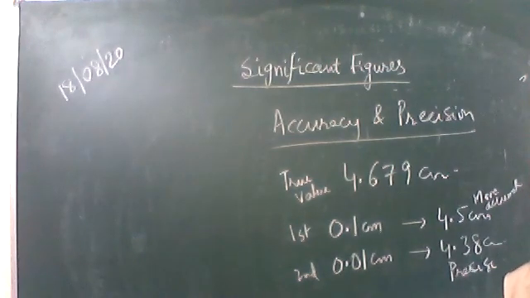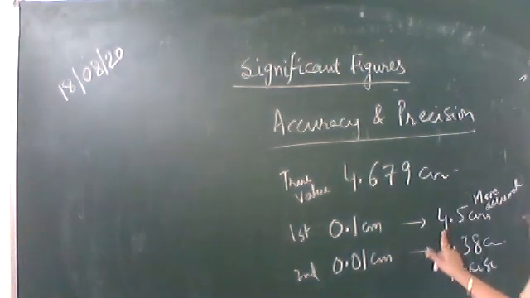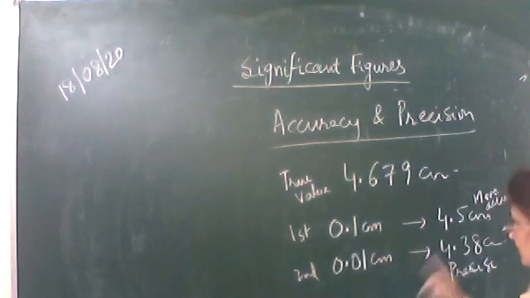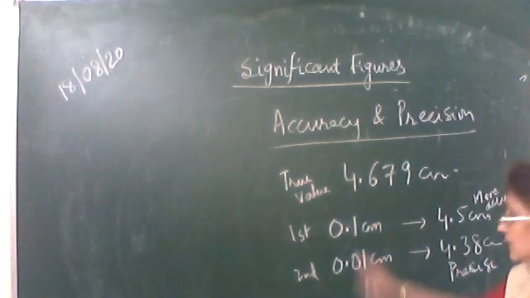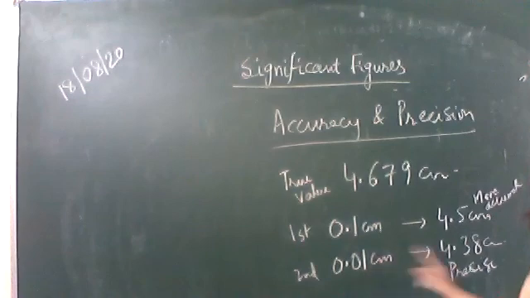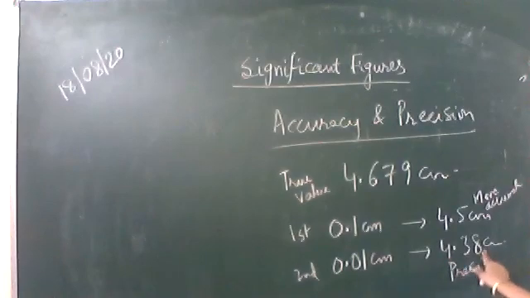So this is the difference between accuracy and precision. An accurate value should be closer to the true value. For precision, we have to see the instrument by which it is measured. The one with the lower least count will be more precise, though it may not be very accurate, like 4.38, which is more precise but not as accurate as the first value.